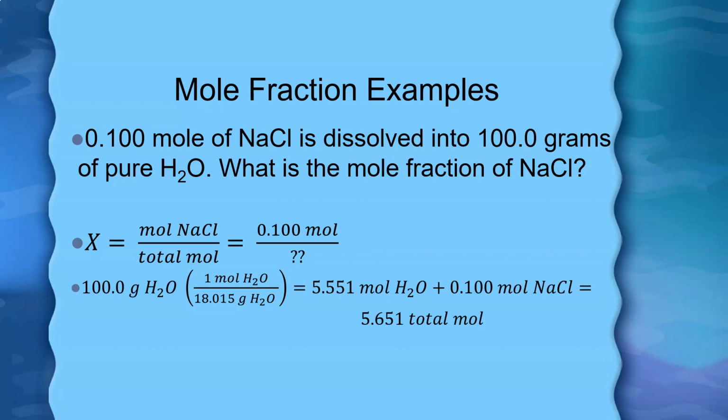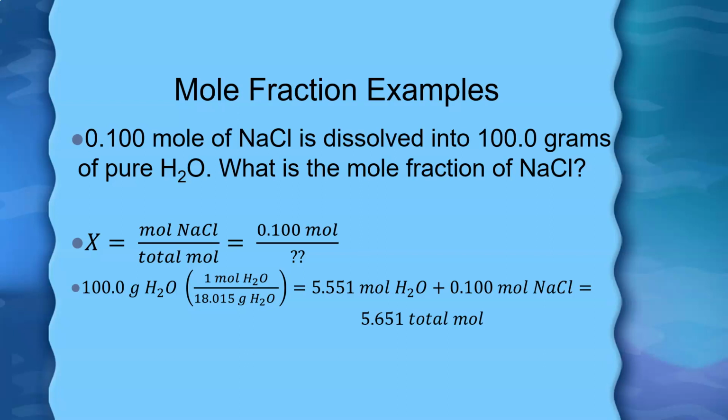And I'm not going to put 5.55 on the bottom of my fraction because it said total moles. So that means I have to add the moles of water and the moles of sodium chloride together. That gets me 5.651 total moles. And now I can actually go ahead and calculate my mole fraction.